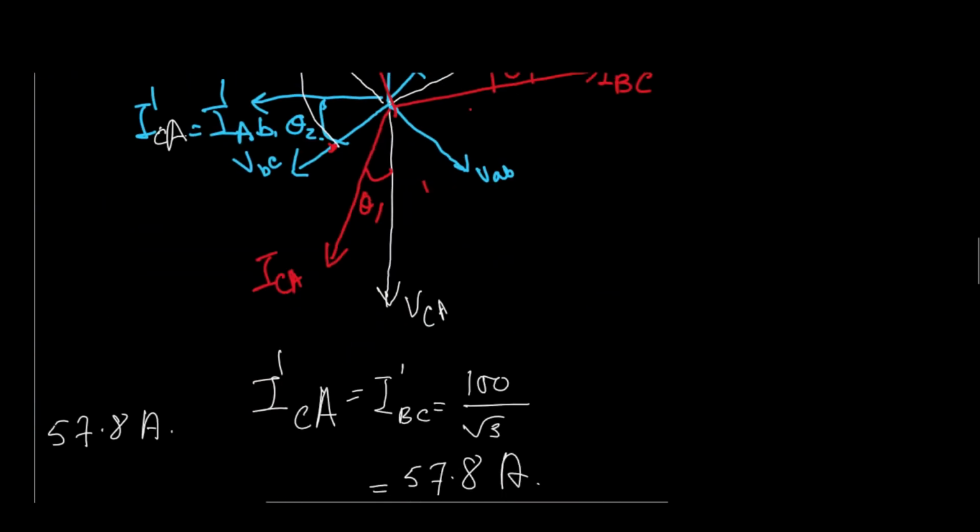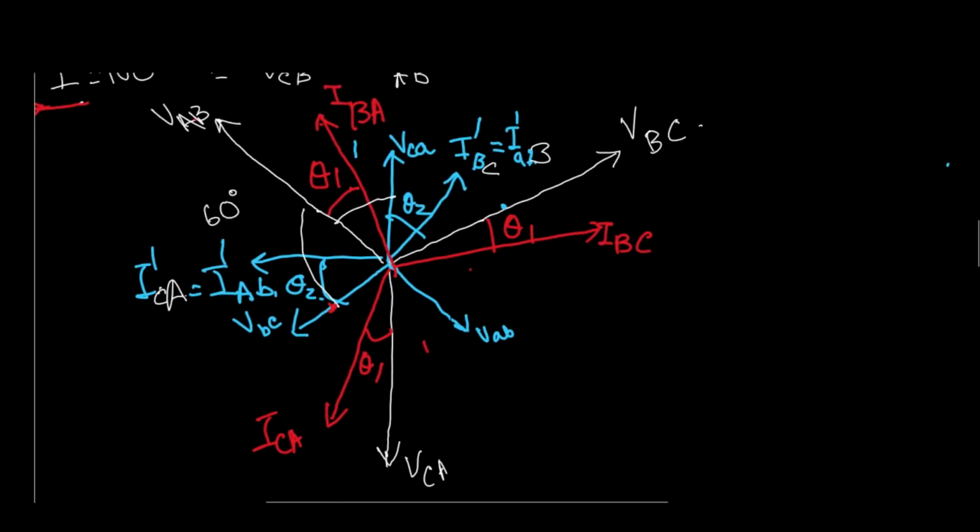Now we have also drawn VCA, VBC, VAB. VCA is exactly opposite to the base CA. VAB is opposite to capital VAB. VBC is opposite to that of VBC. Now things become complicated.